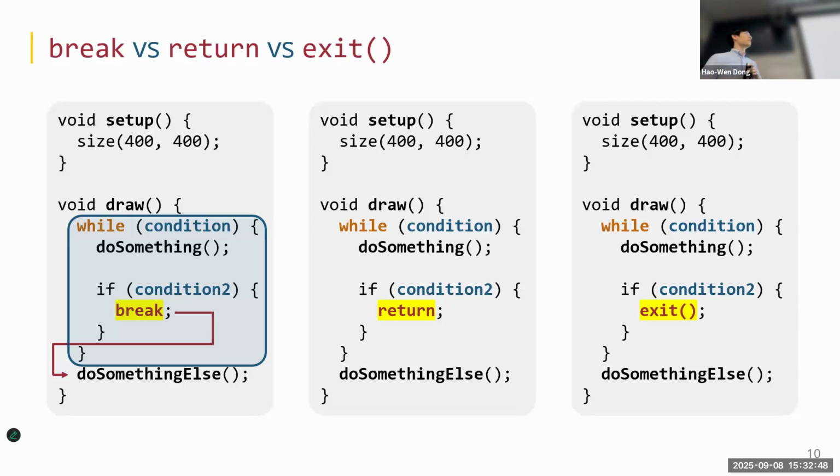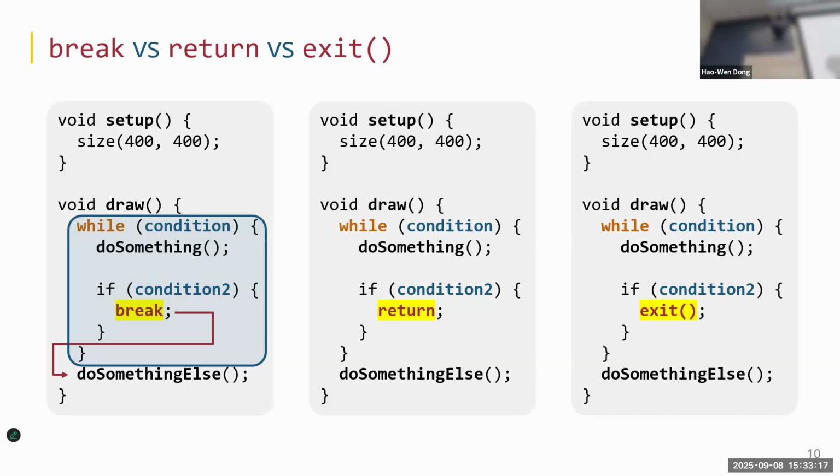Any idea? What's the difference between this and that? As I said, return will terminate the function. Where's the function here? Any thoughts? What's the function?